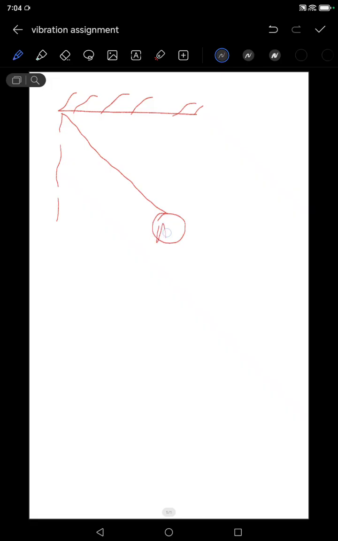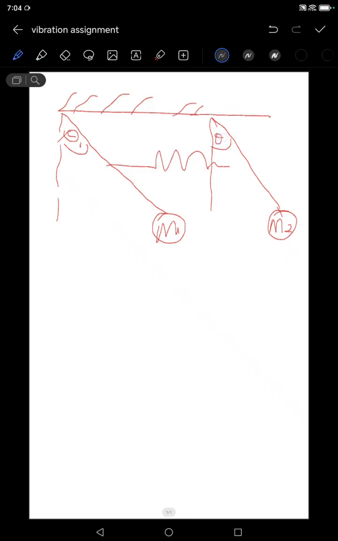We have a pendulum with mass 1, and then in between we have a spring, like this, and then mass 2, and then we have the angle to show that it's oscillating. It's going to be our theta 1, then theta 2. Okay, and then this one is our k.